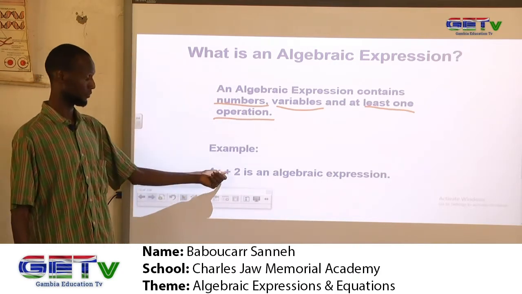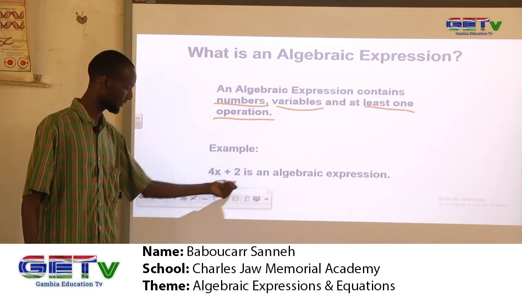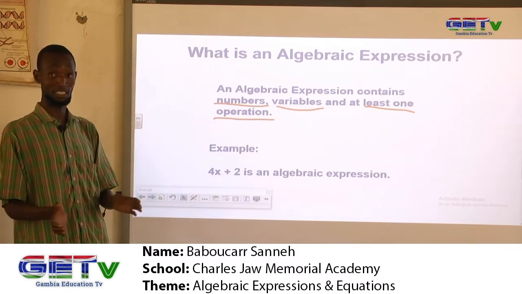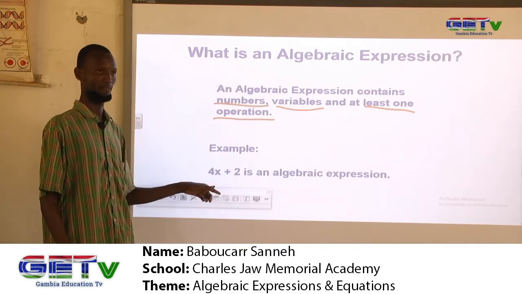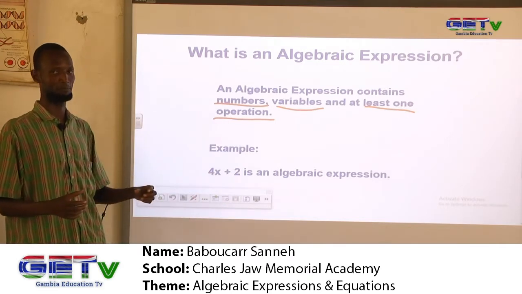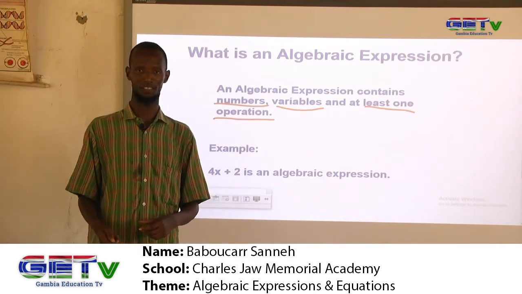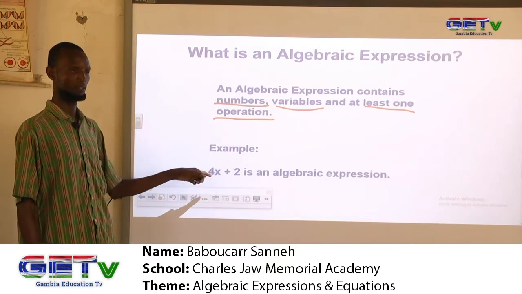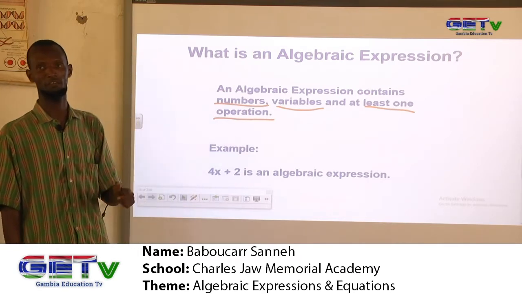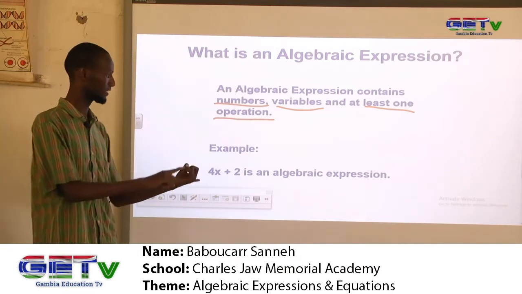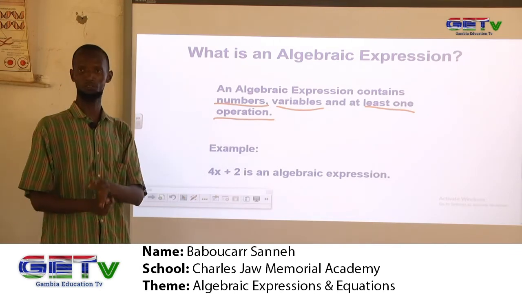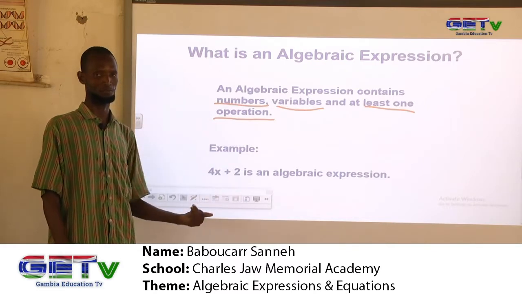Actually, we do. But how many operations are here? We have 2 of them, because we can clearly see the addition. But also 4x, if you expand that, you get 4 times x. So that's a multiplication right there. So in this one expression, you have an addition, likewise you have a multiplication. So it contains numbers, it contains a variable, and it contains operations. So it is an expression.